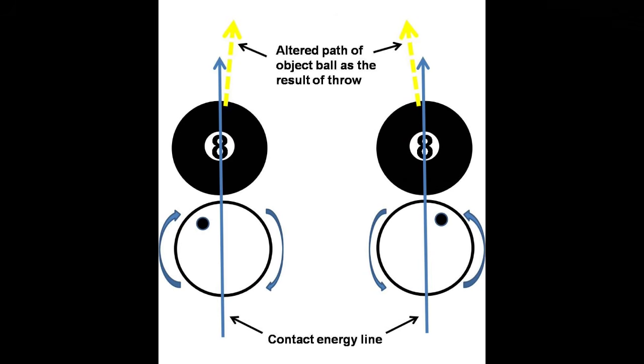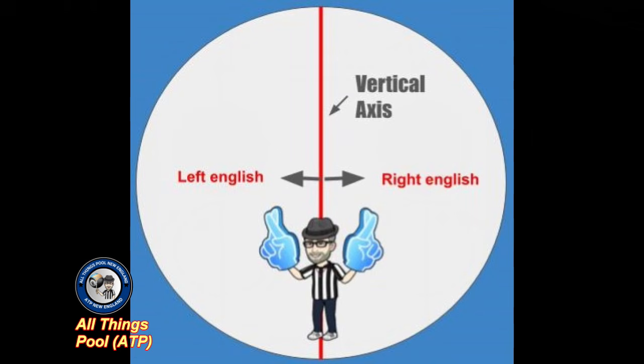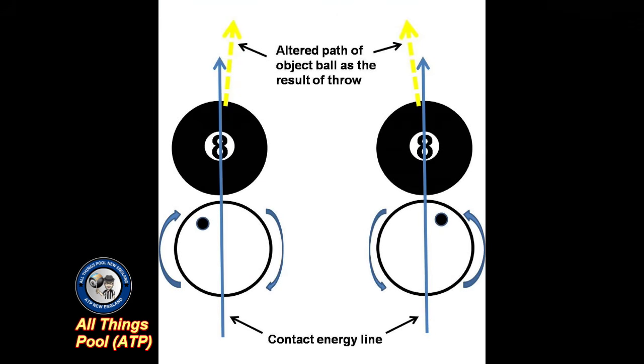Let's take a look now at English induced throw. Every time we hit the cue ball to the left or to the right of the vertical axis, it puts rotational energy on the cue ball. So now we have two things going on. We still have our contact energy line, but now we have rotational energy.